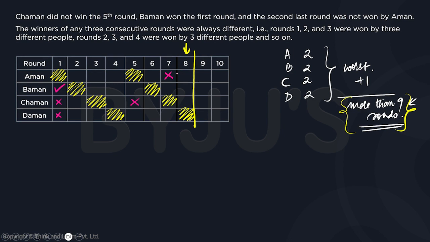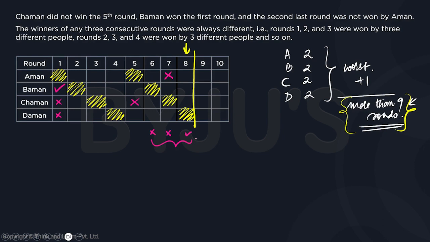Now, whoever wins the 8th round, let's understand this. Whoever wins the 8th round must have won 3 times. So whoever wins the 8th round will not have won the 7th or the 6th. Why? Because for 3 consecutive rounds, you can't have a tick for the same person, as in that person cannot win 2 rounds out of 3, right?